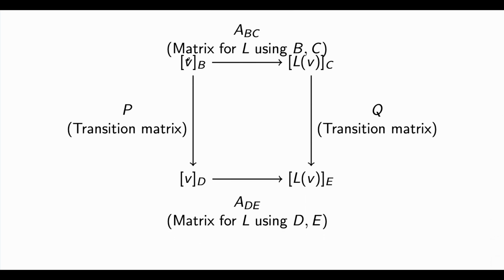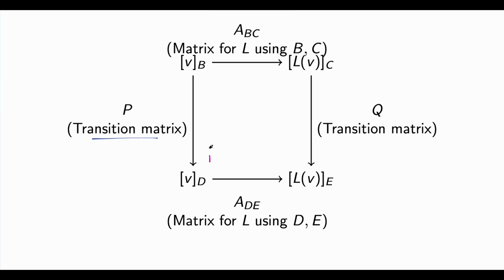transformation can be seen. Any vector v can be written as a linear combination of the basis vectors B. So B coordinatization, and P is a transition matrix from this to this, and Q is a transition matrix from C to E. Then A_DE can be obtained using this path.